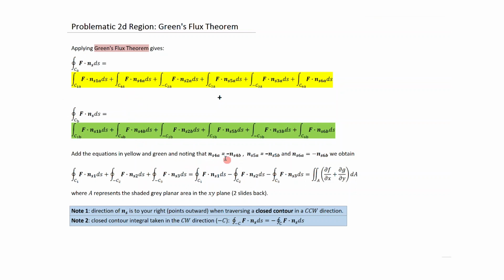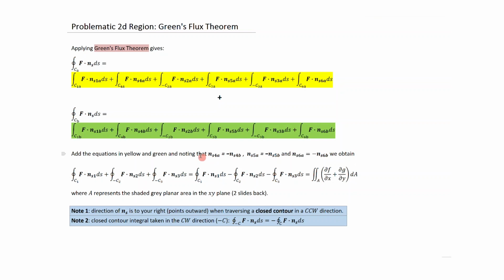Here we will find that for the particular segments 4A and 4B, the normals are basically in the opposite direction. These segments basically are on top of each other. And similarly, S5A's normal is the negative of the normal of S5B, and the normal of S6A is opposite in direction to that of S6B.